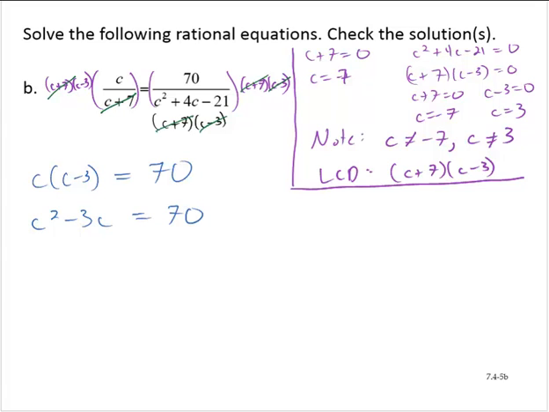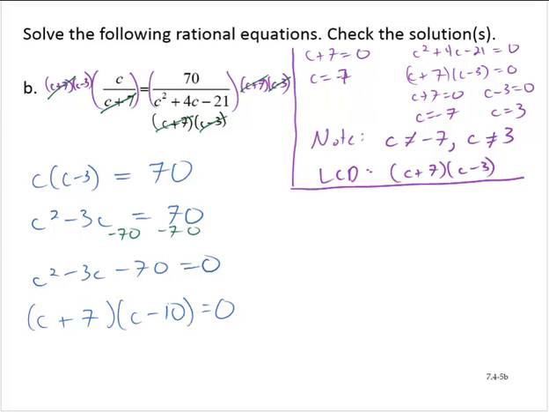Subtracting 70 from both sides, we get c squared minus 3c minus 70 is 0. And c squared minus 3c minus 70 factors. Let's see, with 7 and 10, let's get the signs right. So c plus 7 by c minus 10. So c plus 7 is 0, or c minus 10 is 0. So that implies that c equals negative 7, or c equals 10.